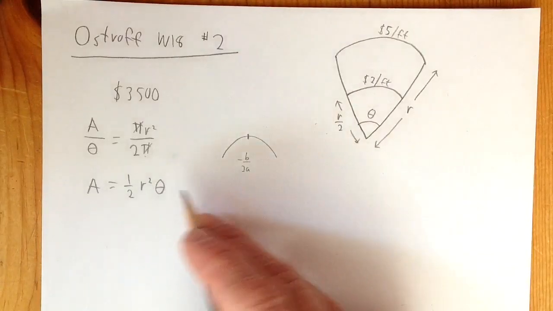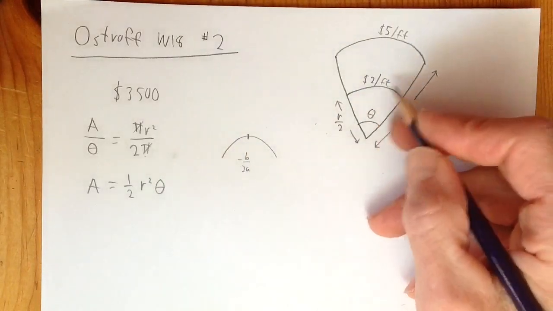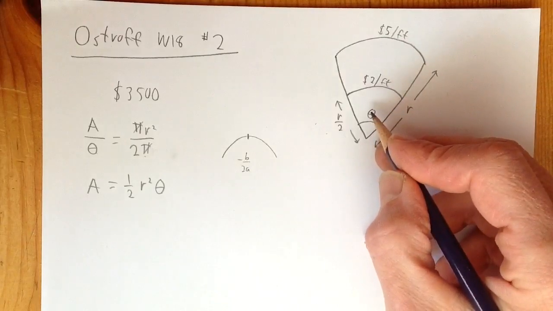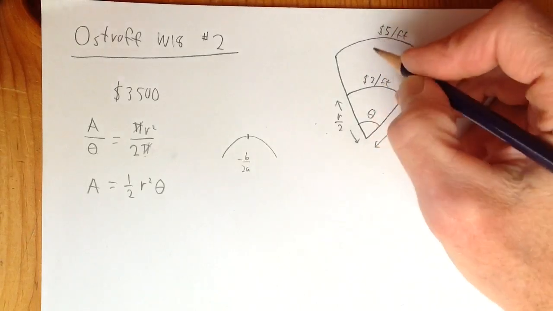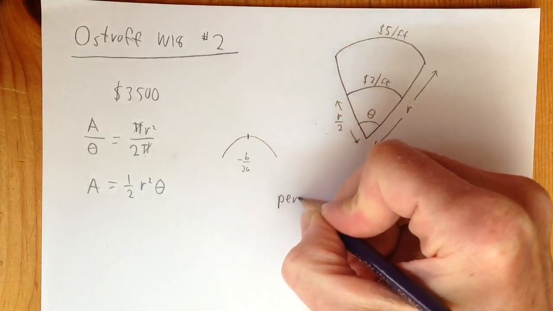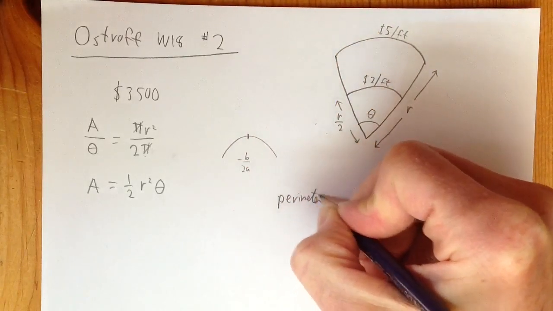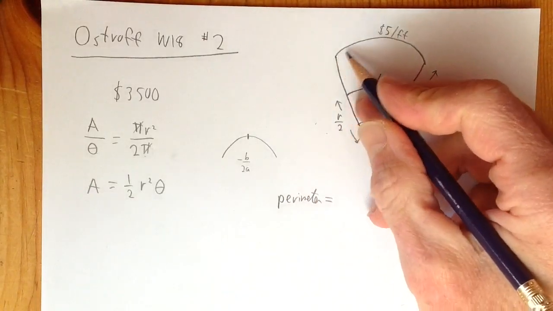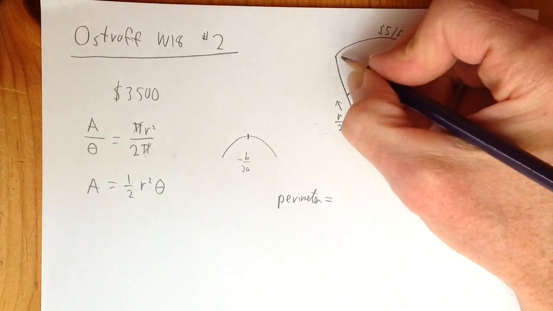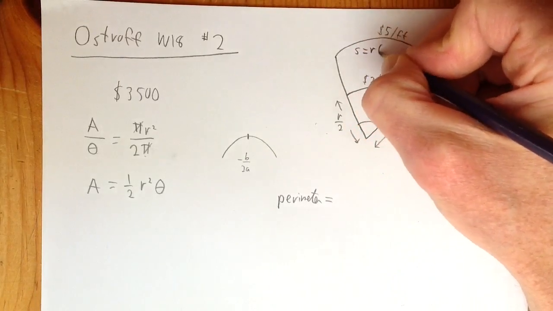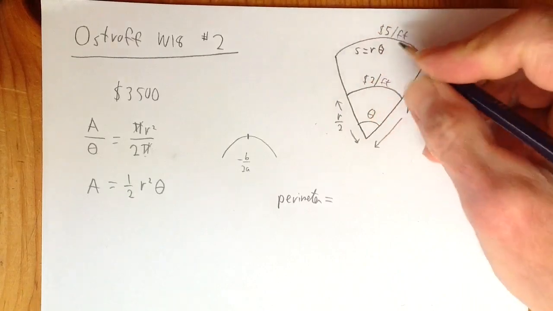Okay, so what do we know? We can look at our picture here and we say, okay, the total cost is $3,500. So the perimeter of our wedge is r, a radius, plus r, the sides, plus this thing here, and we said before that the length of an arc is r times theta as long as theta is in radians.